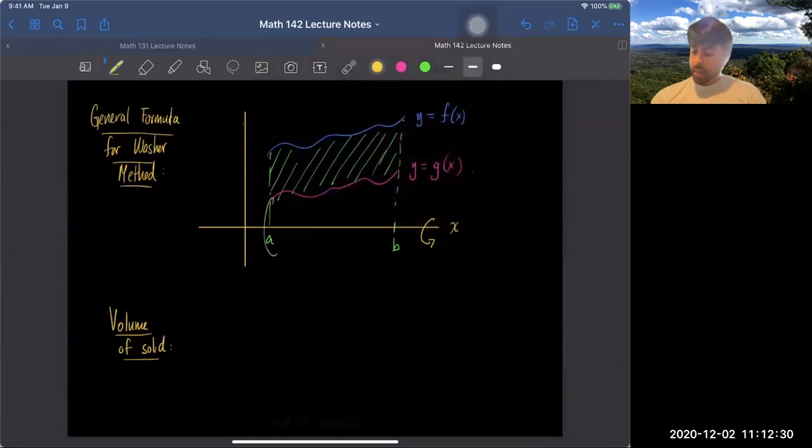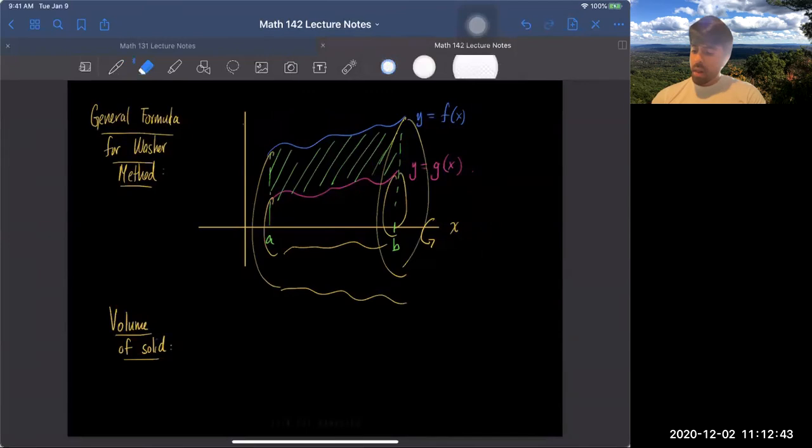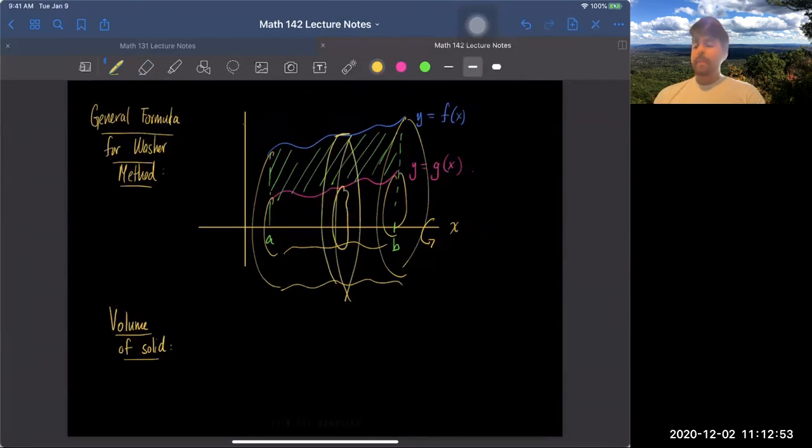If I revolve this, I'll get something like this, right? And then I can figure out a washer whose radii is dependent upon the upper function and the lower function. So then I would say that the volume would be equal to the integral from a to b.